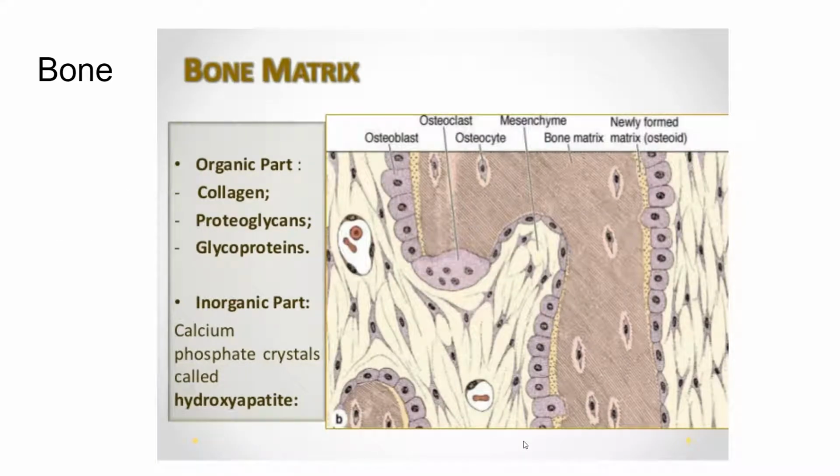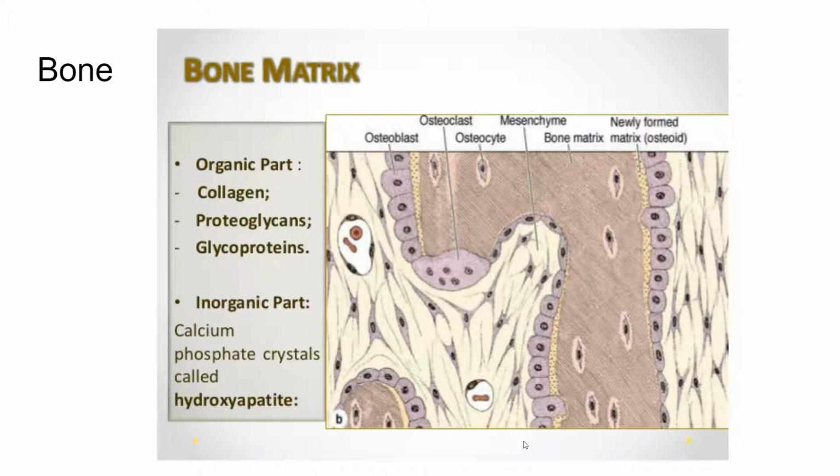So, let's talk about bone in general. Bone, sometimes you'll see it called osseous tissue, which seems really pretentious, but I guess it could be called that. It's this hard, protective substance. It's made up of collagen fibers. Collagen fibers are the organic portion of this, and you can see proteoglycans and glycoproteins. Not so much concern there.